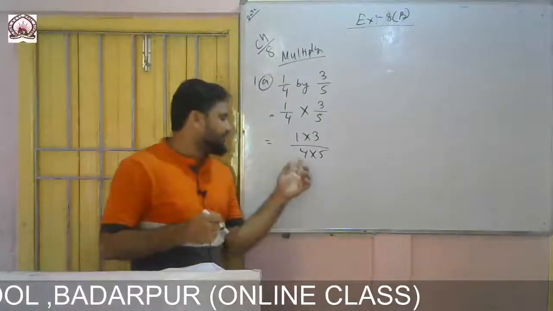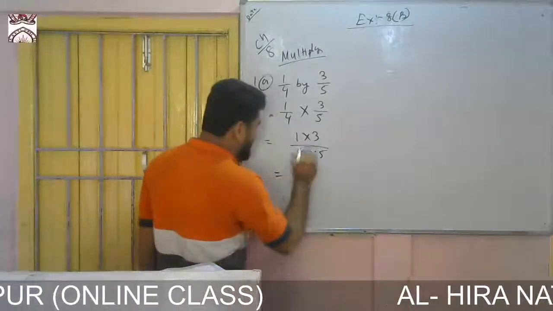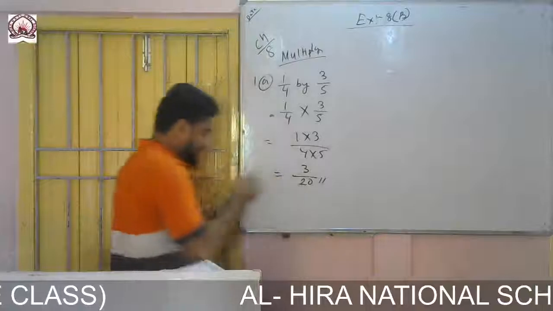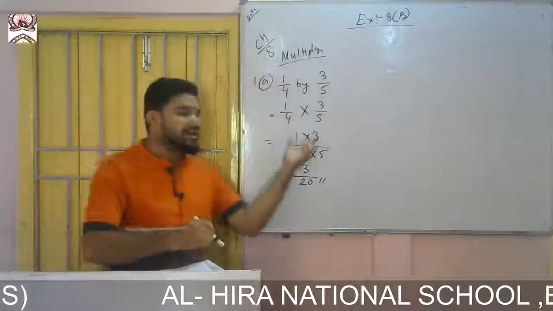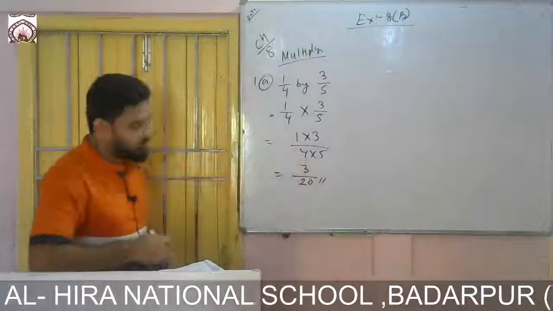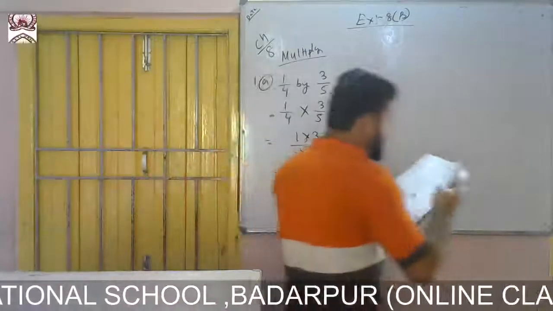These are prime numbers. So we cannot cancel. So 3 1s are 3, 4 5s are 20. Whenever you cannot cancel, at that time we multiply numerator and denominator. That is the rule. Okay.